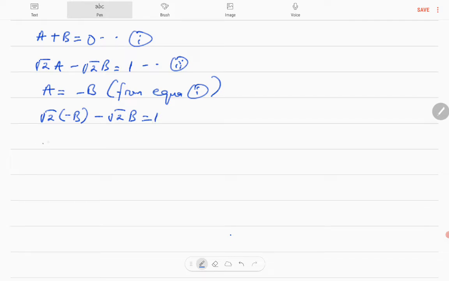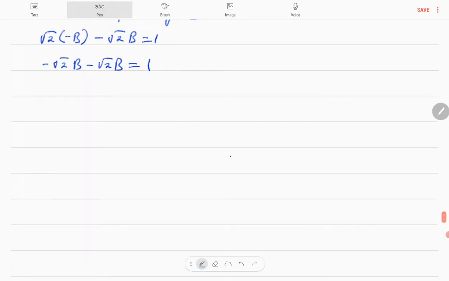When I multiply, I'll have minus root 2 b minus root 2 b is equal to 1. And then when I put both together, I'll have minus 2 root 2 b is equal to 1, dividing both sides by minus 2 root 2. I'll have b is equal to minus 1 divided by 2 root 2.